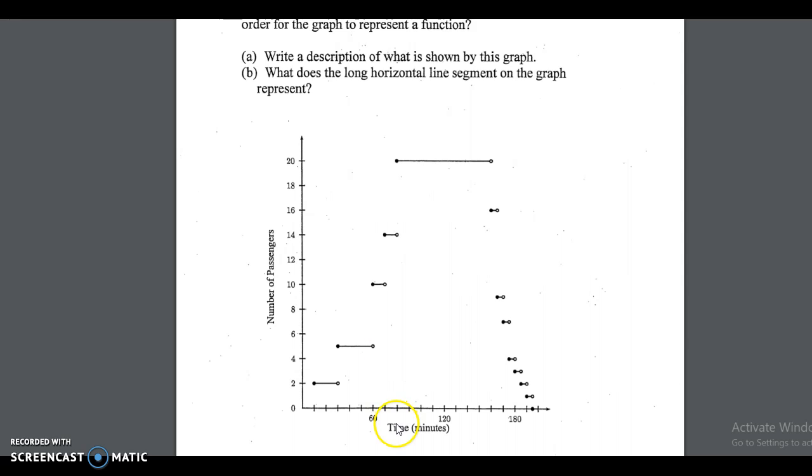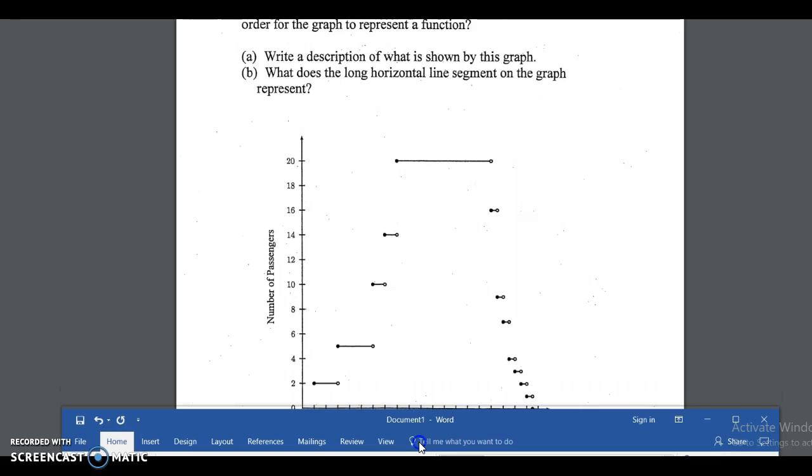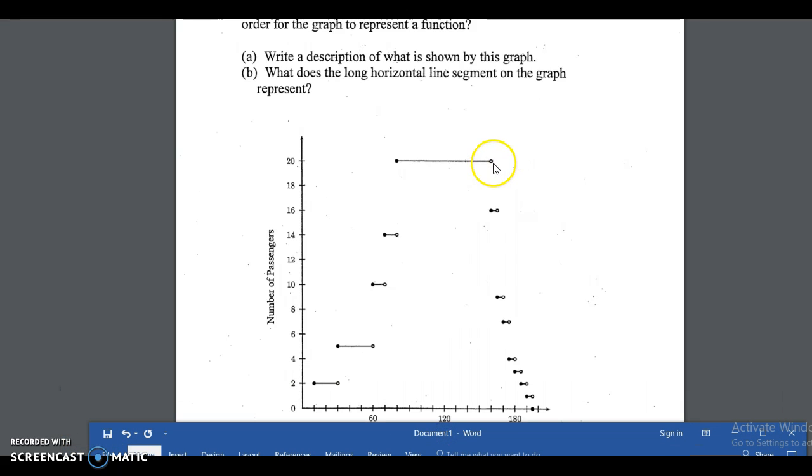So f of 20, if 80 is less than or equal to x, and x is less than, we're going to go where the circle is, 160.